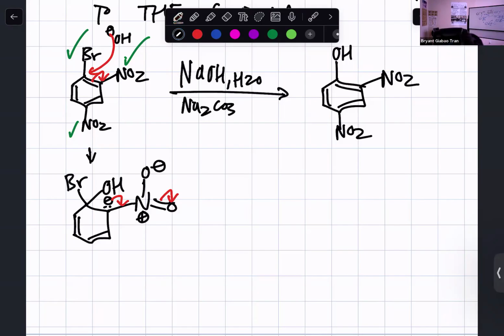Right. So I'm not going to draw out all the resonance structures here because that's a lot, but I'm going to show you the arrows of the resonance structures and show you the importance of that.